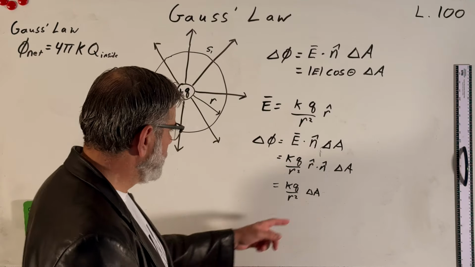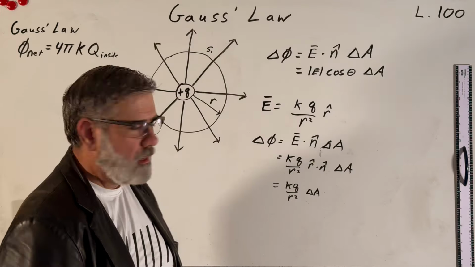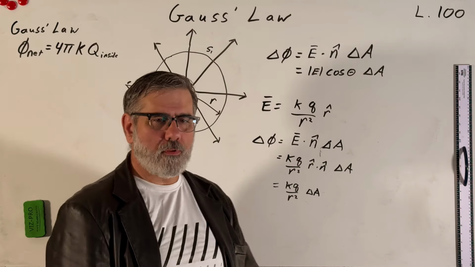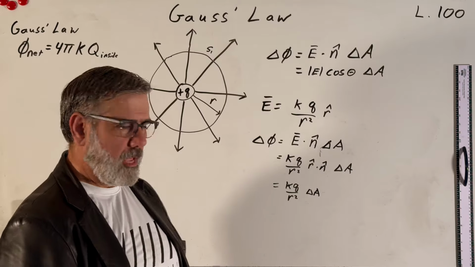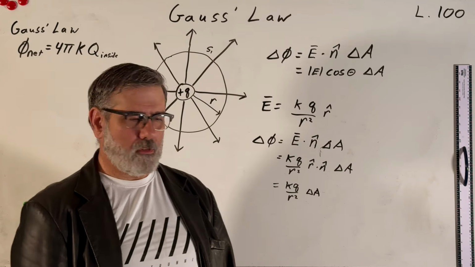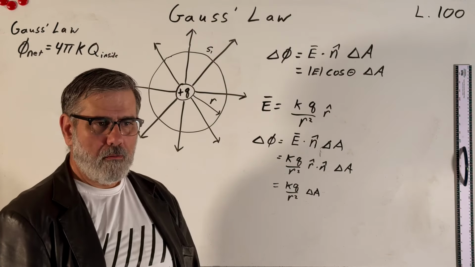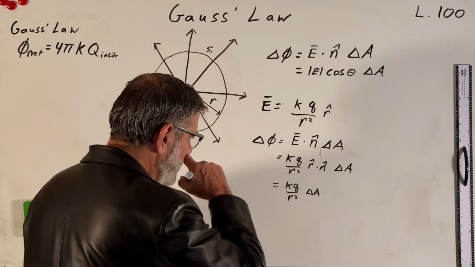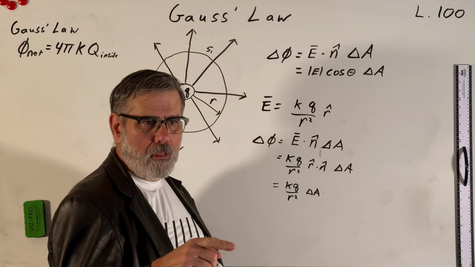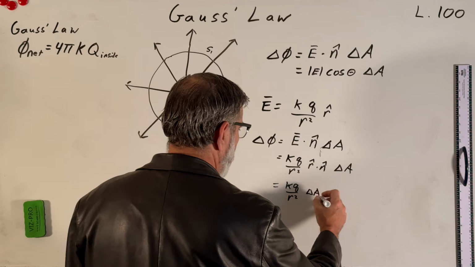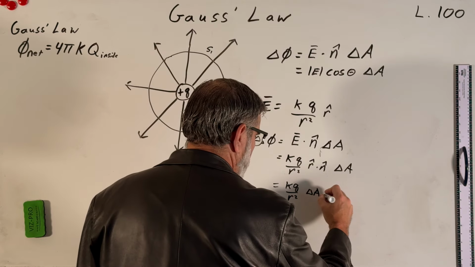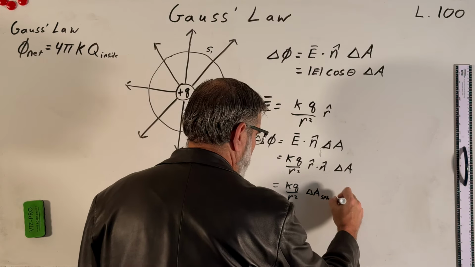So now the question is, well, what is this area? Well, it's the surface area of a sphere, okay? And does anyone happen to know what the formula for the surface area of a sphere of radius R is? No? Actually, I'm going to put a video up that shows how to derive this equation, but it's pretty straightforward. So I'm just going to write this as sphere, okay?